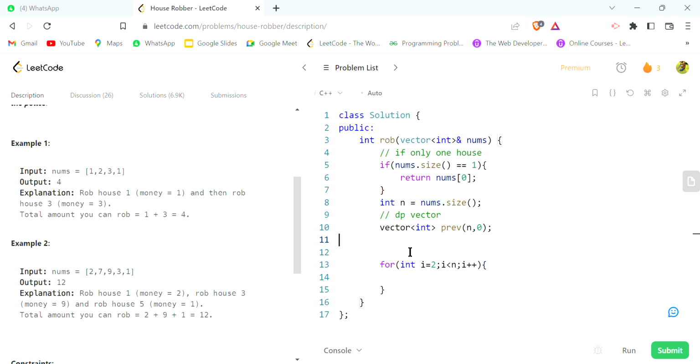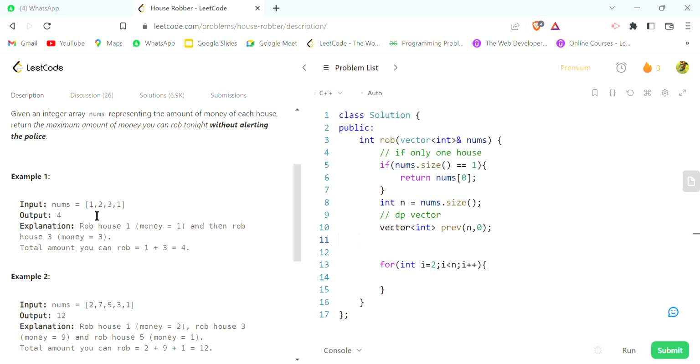First, the base cases. If we have one house, we just write the code for it: if we have only one house, we simply return it.